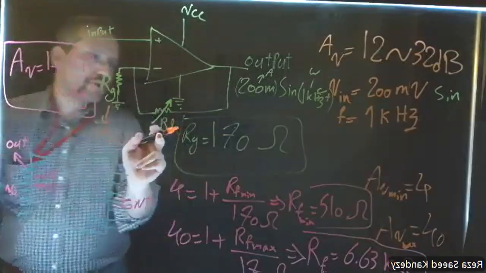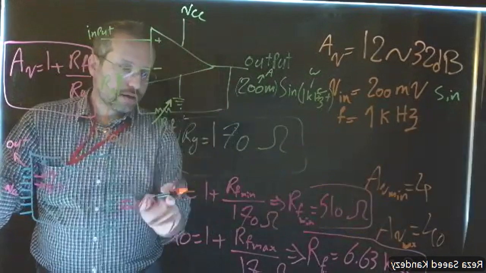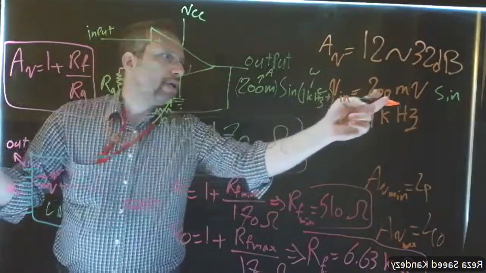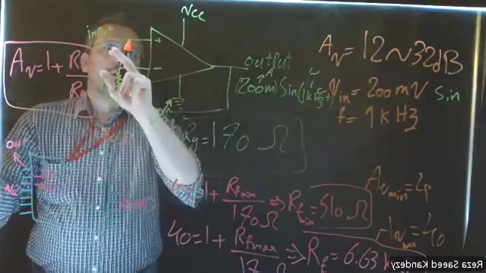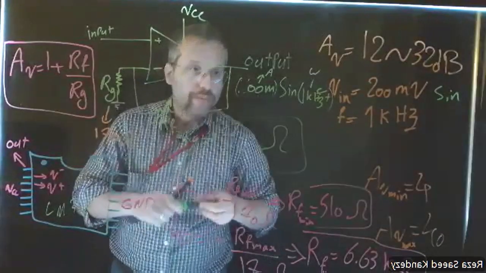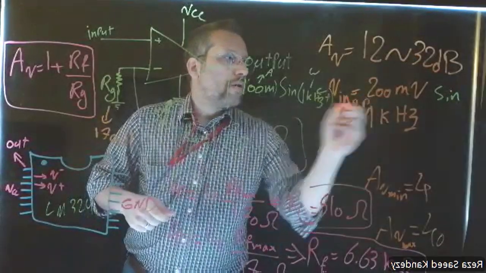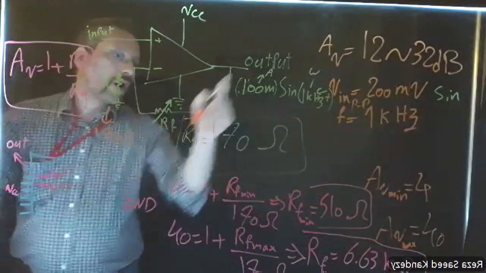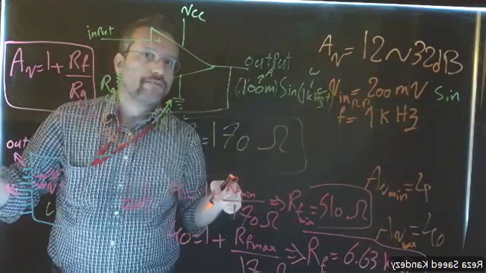If I set my potentiometer to 510 ohm, I expect to get a gain equal to 4, meaning if I have a 200 millivolt peak to peak, and the gain is 4, I expect the output to be equal to 800 millivolt peak to peak.